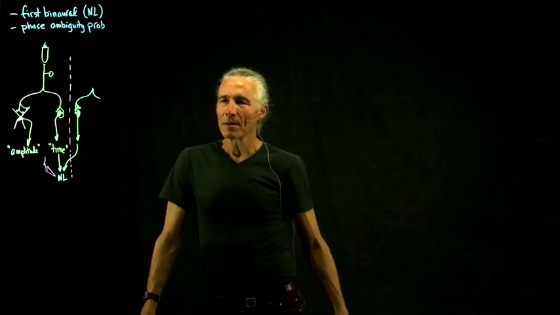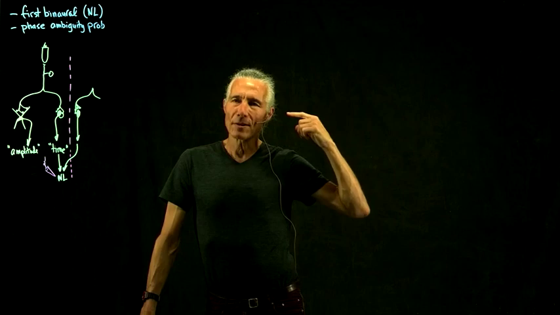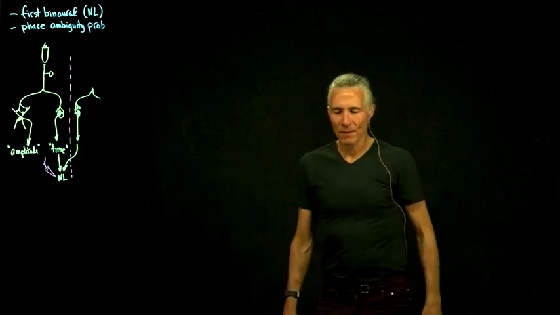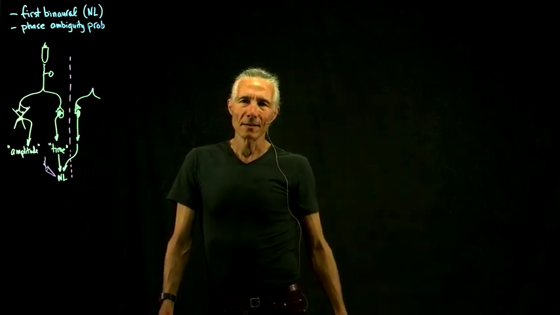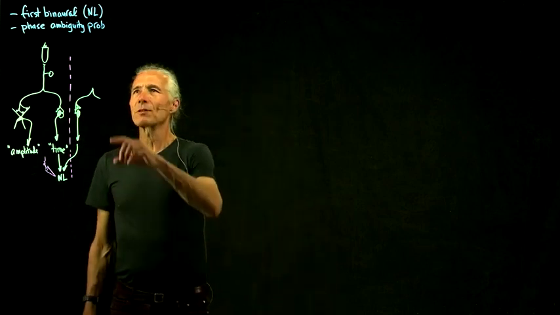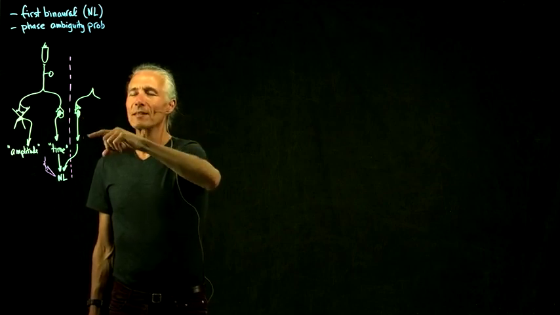One obvious mechanism is, if something is on your right side, it's going to be louder in your right ear. Comparing the loudness in the two ears is one way of detecting where the sound is coming from. We're not going to talk about that today. We'll try to figure out where the sound is coming from using the time pathway.